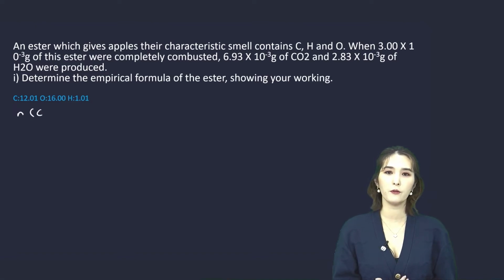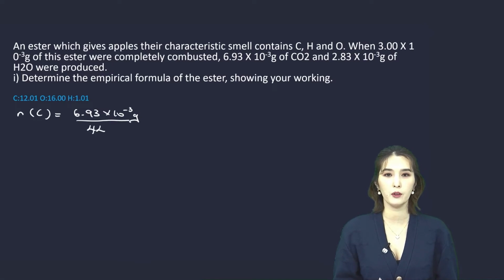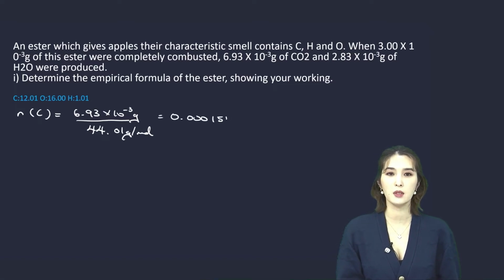So first we're going to find the number of moles of carbon by dividing the mass of CO2 given, 6.93 times 10 to the power minus 3 grams, by the molar mass of CO2, which we worked out previously, 44.01. And that's going to give us the number of moles as 0.000157.